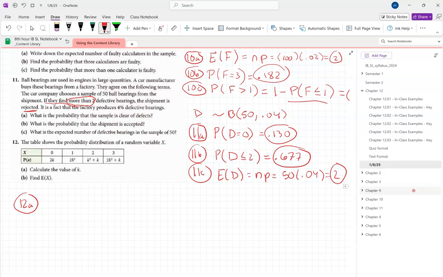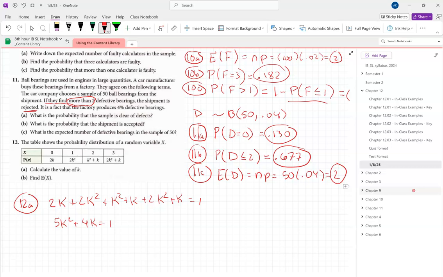What do I know about the probabilities in a probability distribution? They have to add up to 1. So I know that 2k plus 2k squared plus k squared plus k plus 2k squared plus k all has to equal 1. So if I combine like terms, I have 5k squared plus 4k is equal to 1.